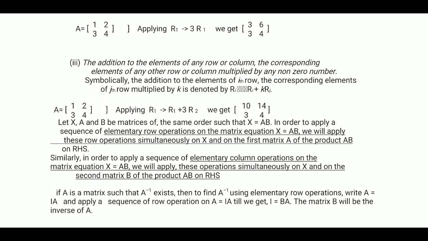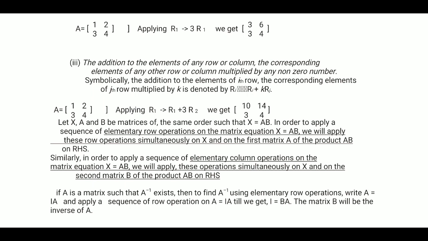Now important, let X, A and B be 3 matrices of some order, such that X is equal to A into B. In order to apply elementary row transformation on the matrix equation X is equal to A into B, we will apply these row transformations simultaneously on X and on the first matrix A of the product AB on the right hand side.